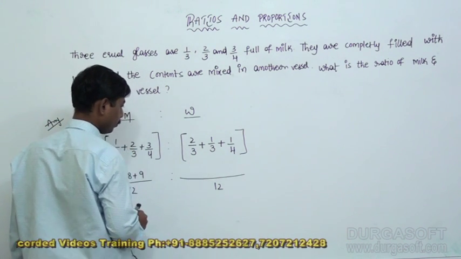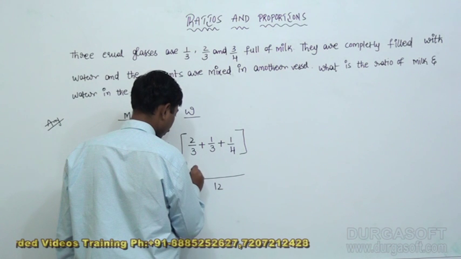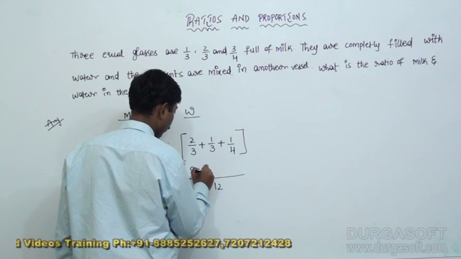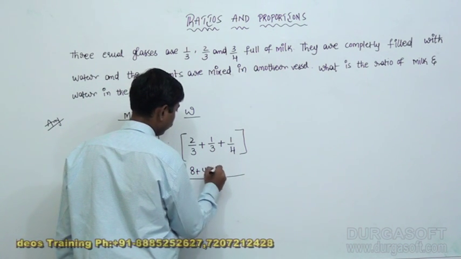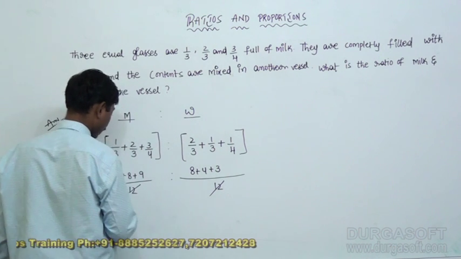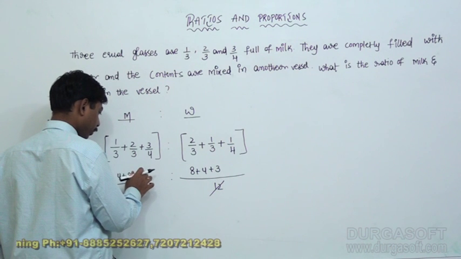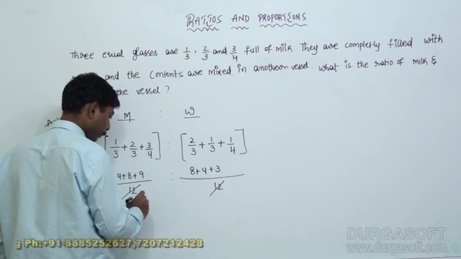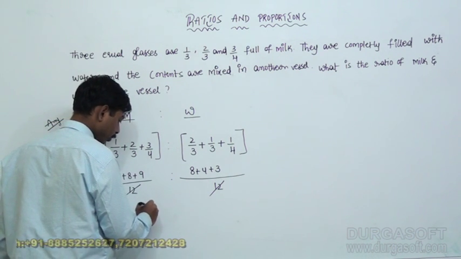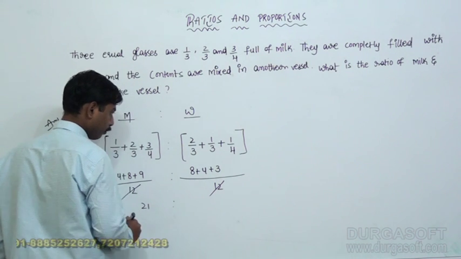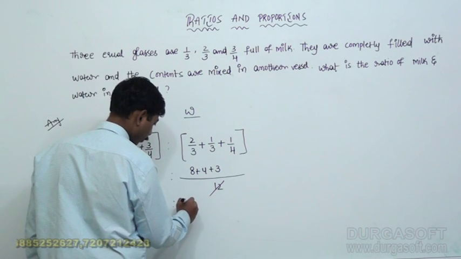Next one here, 8, 4, 3. Let us go for the calculation, my dear guys. How many times only? 9 plus 12, that is 21. 12 plus 3, 15.